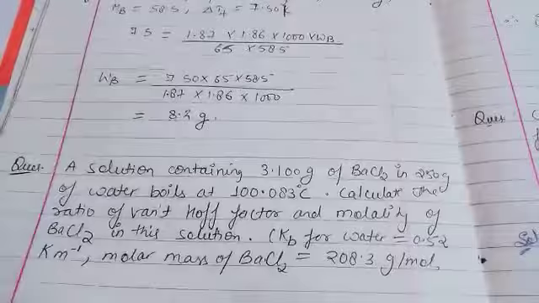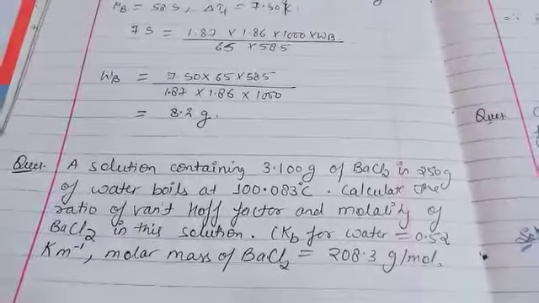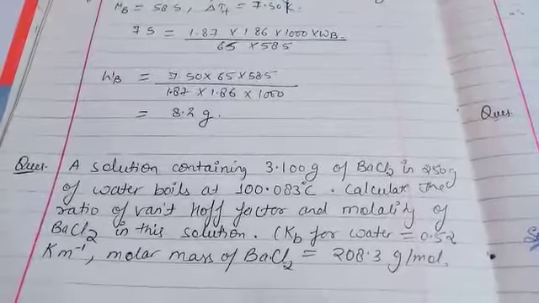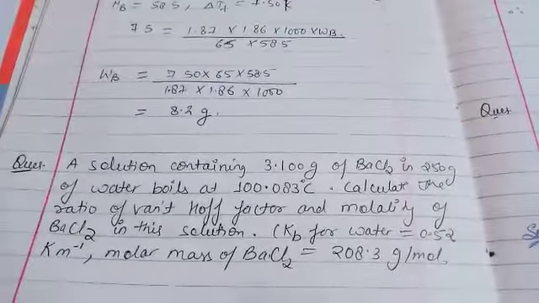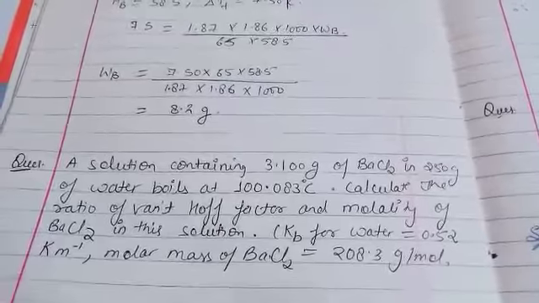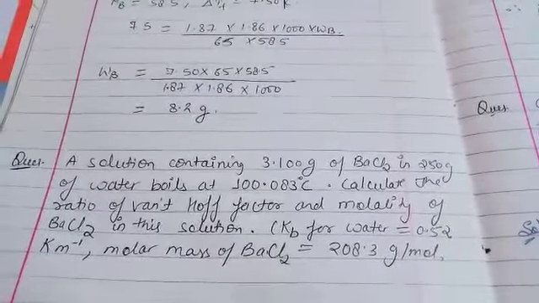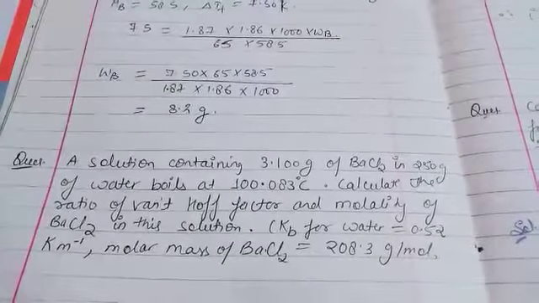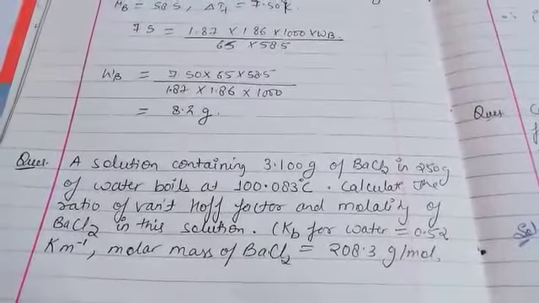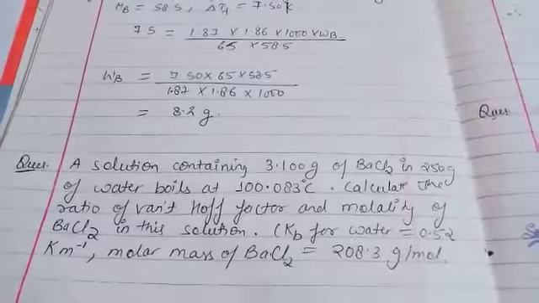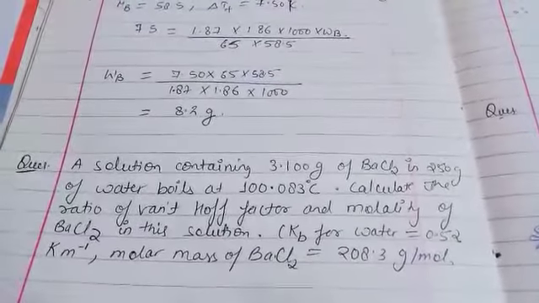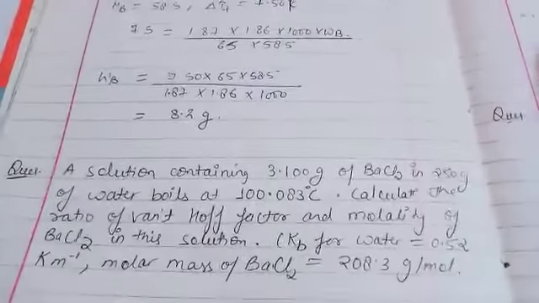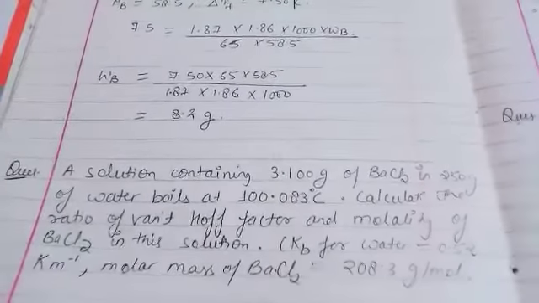Now in this, first of all calculate molality. With the help of that you can calculate delta Tb. Whatever delta Tb you calculate, that is your normal value.